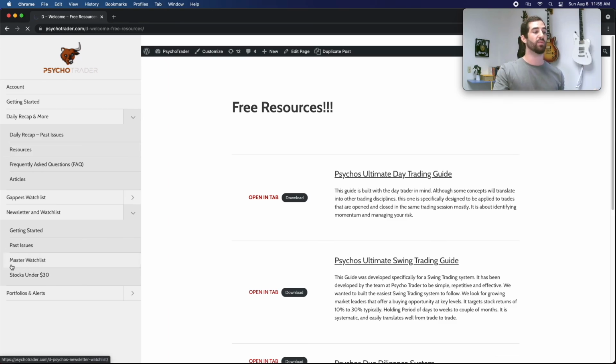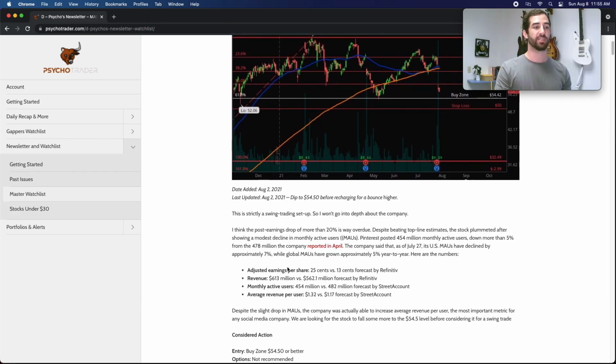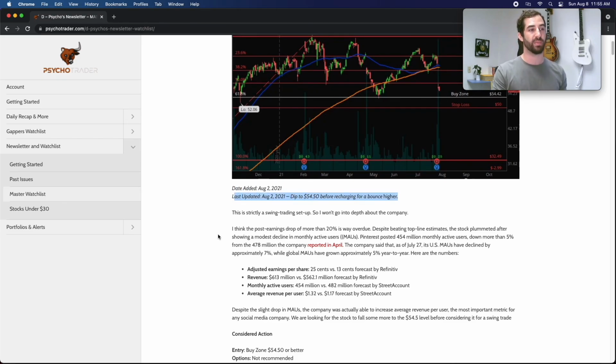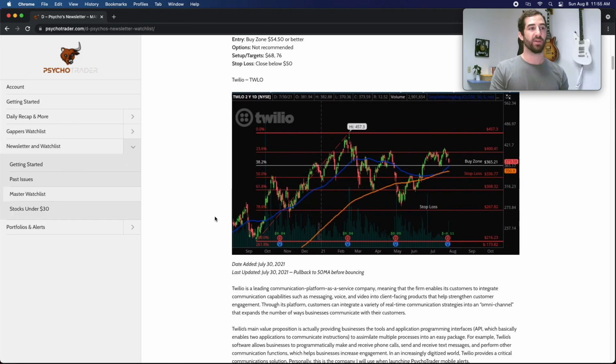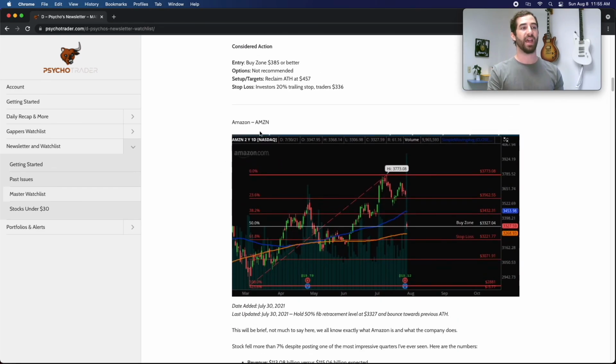So for example, if we go here, master watch list, we have Pinterest. Look at this, boom, multiple bottom, okay? With a little explanation, when we add it, or when the explanation or the chart has been updated. Twilio, boom, pull back into the 50 MA, 200 MA, or you can even set an alert here for a notable price level, okay? Amazon, boom, pull back into the 200 MA.